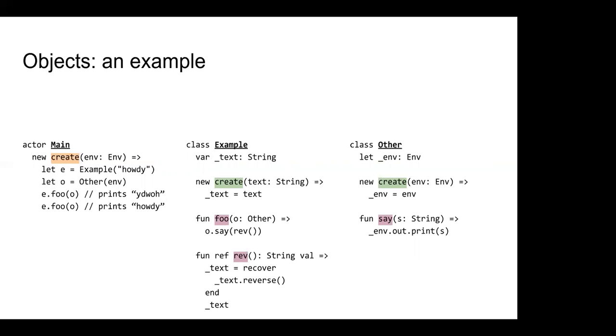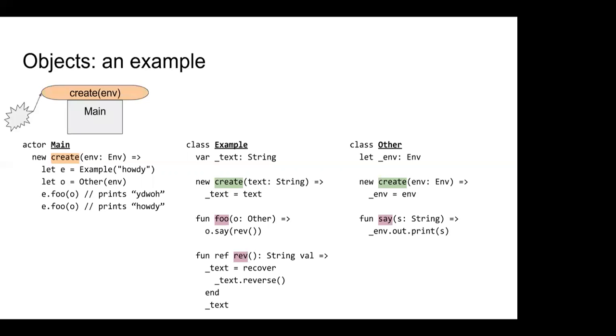It stores that string, and then every time foo is called, it reverses the string and then sends that reversed string to say. It makes a call to say in the Other object. And if you look at the Other object, we're initializing that in the create function with env, which in Pony is the environment, and I'm using it here to print things out.